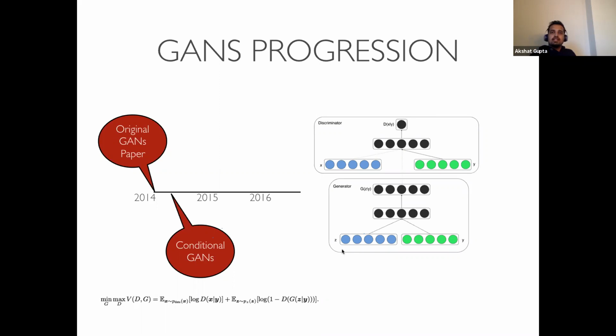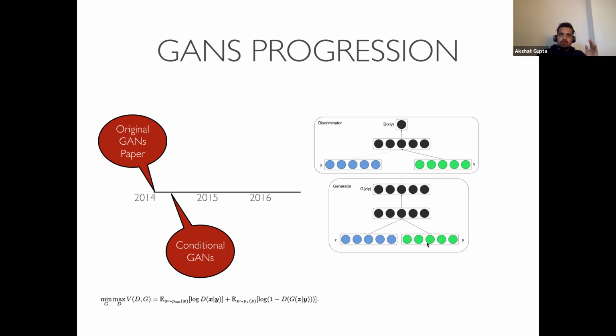The way it translates into practice is that in the generator, instead of just a vector from our chosen prior space, we're sending in a vector that represents something. The idea is that we're using GANs to generate, let's say, MNIST images, but in the original formulation we have no control over what it is that we're generating. With conditional GANs, we get some control.